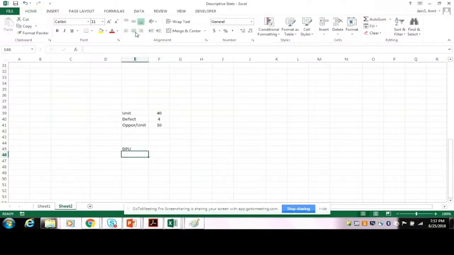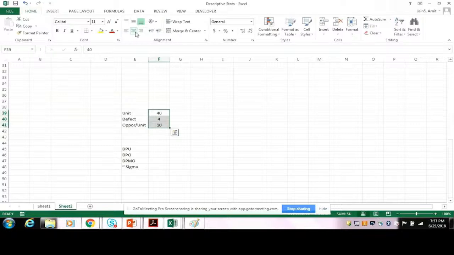So can you calculate DPU, DPO, DPMO, and give me a rough approximate sigma? In approximation, you can just tell me if it is higher than 6 or lower than 6.